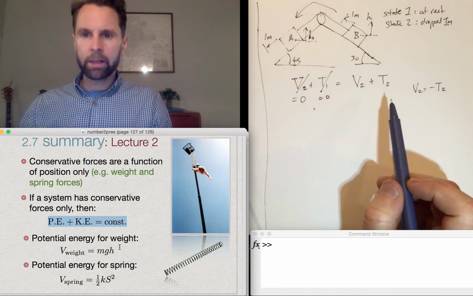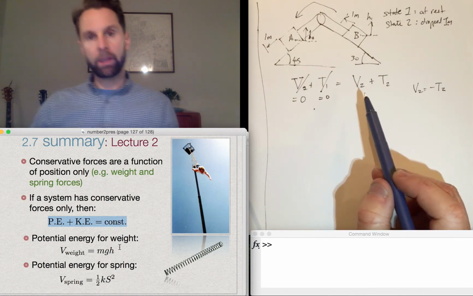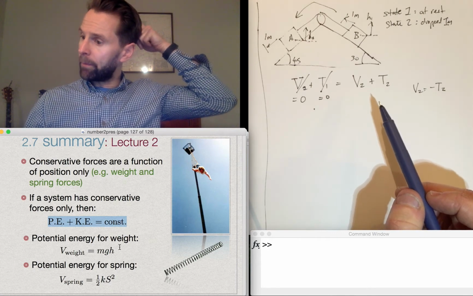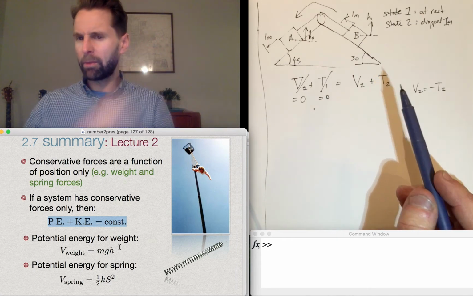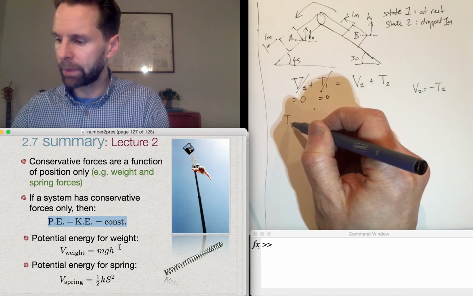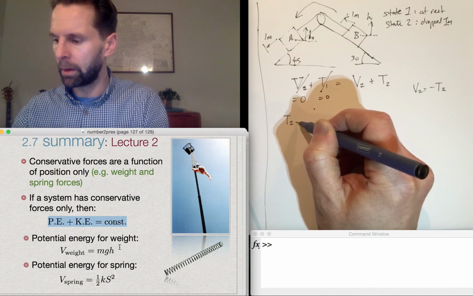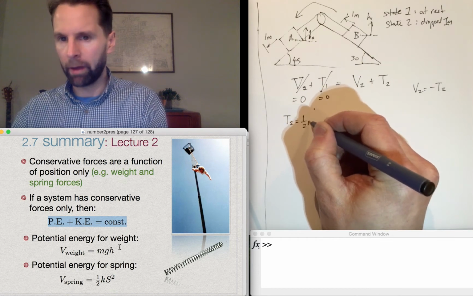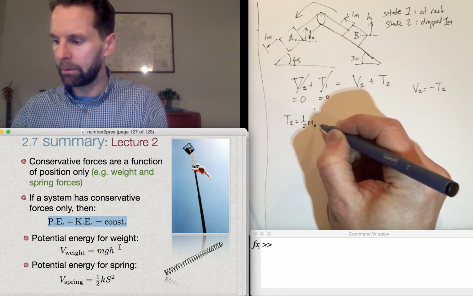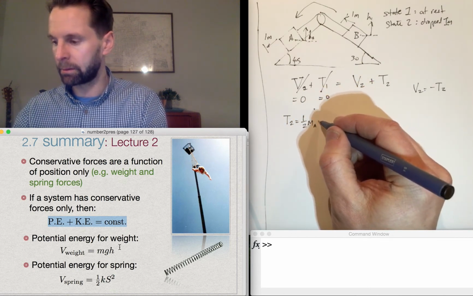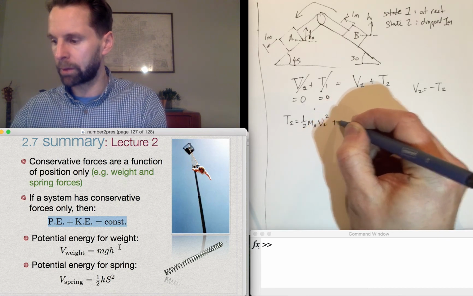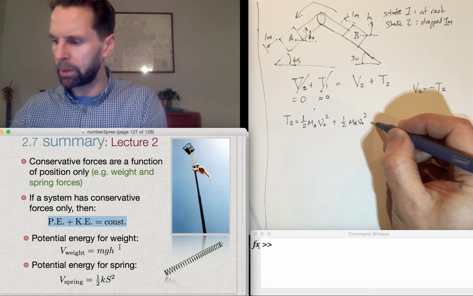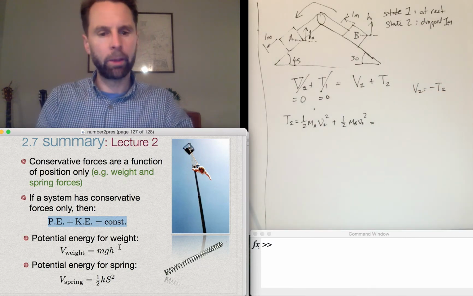So now let's think about evaluating the potential energy and the kinetic energy at state 2. The simplest is probably the kinetic energy. This is what we are trying to find ultimately. So it's half ma times v2 squared plus half mb v2 squared, which is equal to, let's go back to the question.